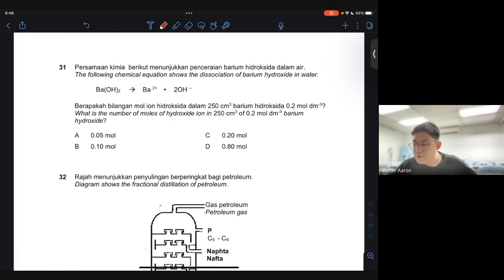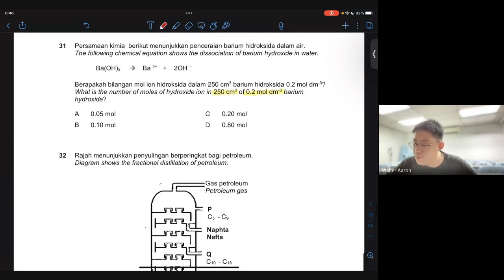31, the following chemical equation shows the dissociation of barium hydroxide in water. What is the number of mole of hydroxide ion in 250 cm3 of 0.2 mole per dm cube of barium hydroxide? So we have the volume of barium hydroxide and also 0.2 mole per dm cube of barium hydroxide.